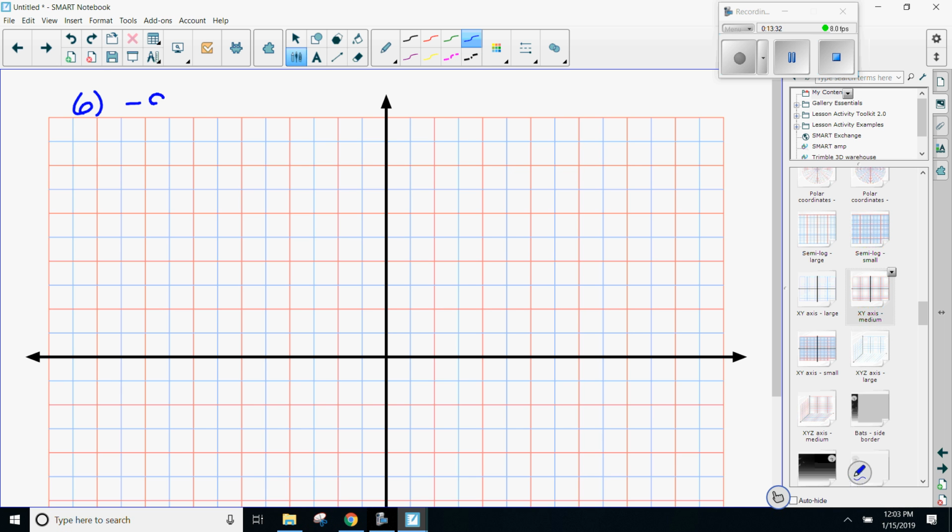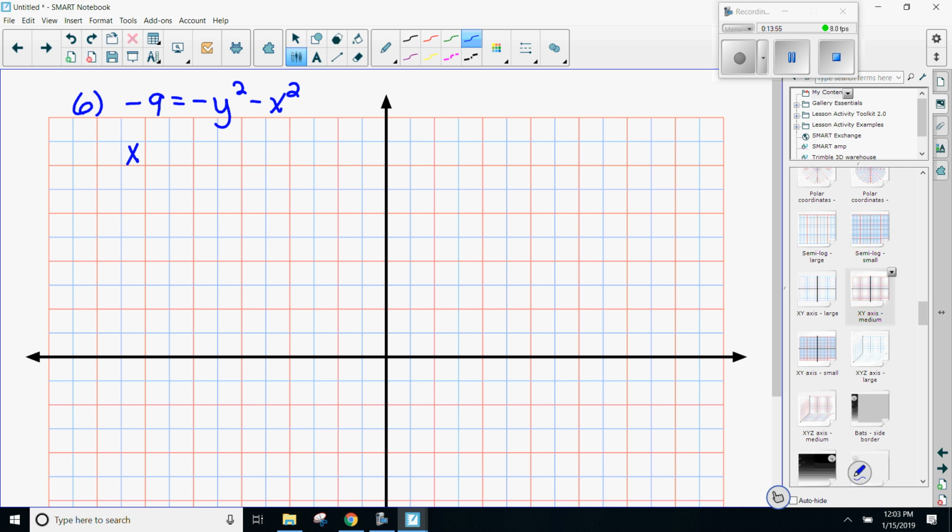Number 6 says -9 is equal to -y squared minus x squared. What do you think you need to do with that equation? Flip it. Move things over. Multiply both sides by -1. Divide both sides by -1. Move everything over to the opposite sides, which is going to change the sign.